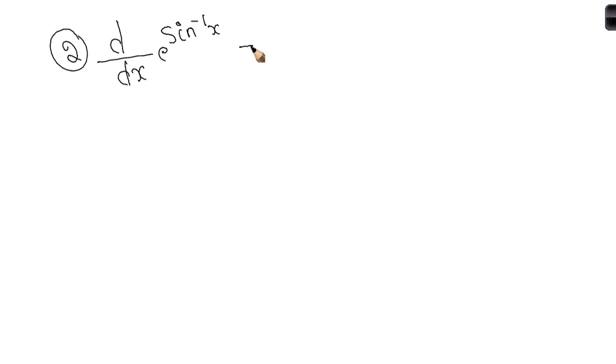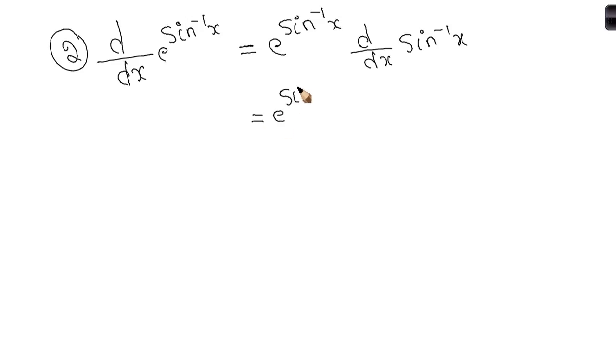What is the derivative of e power x? The easiest: the derivative of e power x is e power x. So the derivative of e power sin inverse x should be e power sin inverse x into the derivative of sin inverse of x.